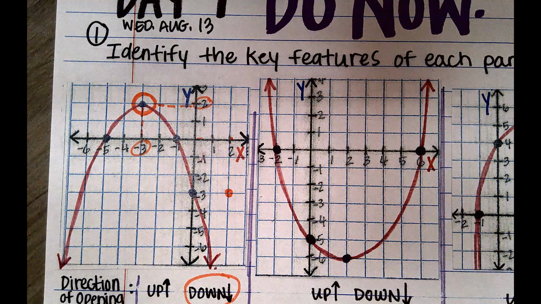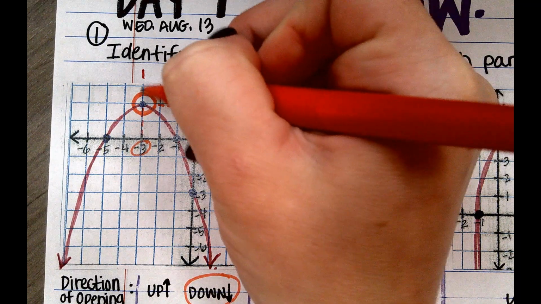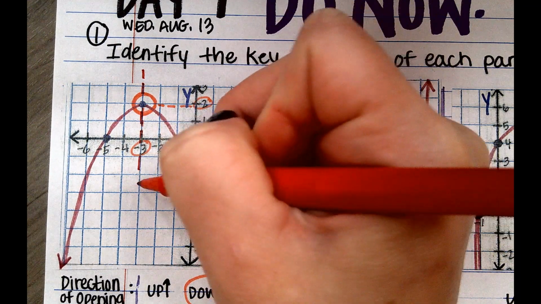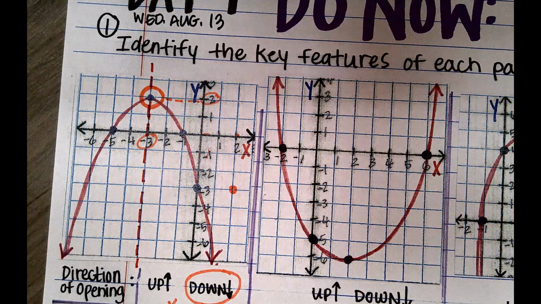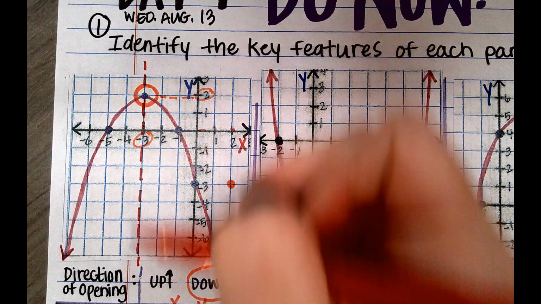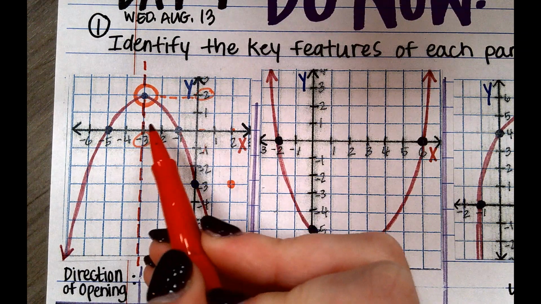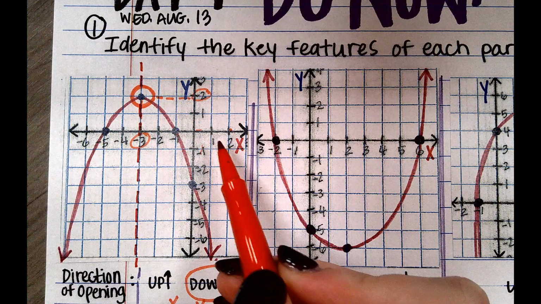The axis of symmetry goes through the middle. Remember, symmetry means symmetrical. It means like a reflection, a mirror. So whatever's on one side will be the same as the other. So when you draw a line through the middle, you'll know it's the middle if the points are the same distance away from each other.